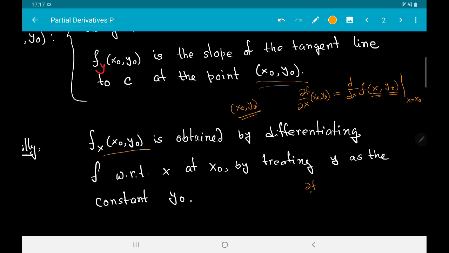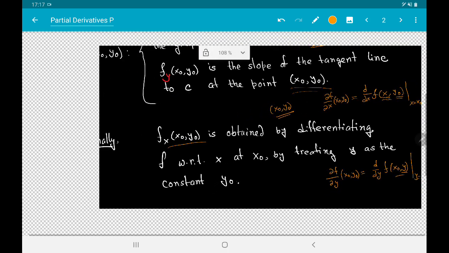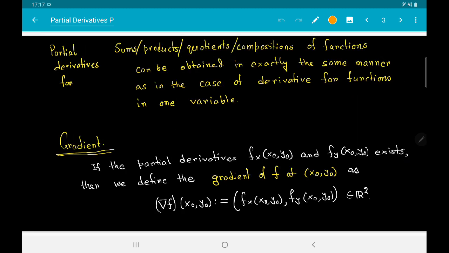Similarly we can define del f del y at x0, y0 as follows. We take f of x0 comma y, then it becomes a single variable function in y. We take d/dy of that, and then we put y equal to y0. So that's about it. Let me proceed.